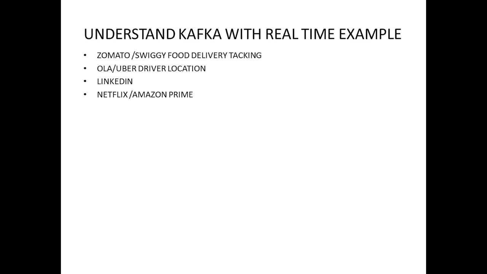Now let's say I have ordered Hyderabadi biryani in Zomato from my phone. Now a delivery boy got assigned and the delivery person is about to start from the hotel.